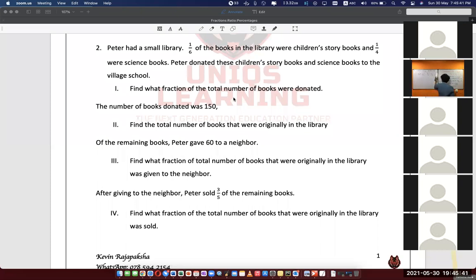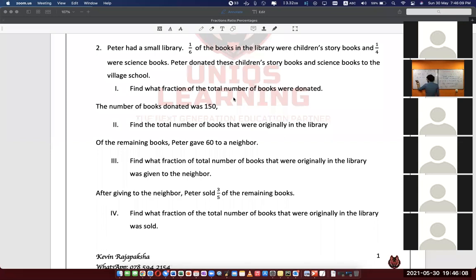We know the fraction and we know the number of books donated. So 5/12 of the total is equal to 150.